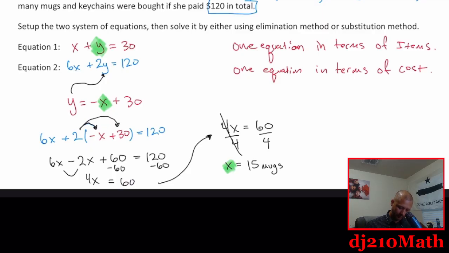Pick the easiest one. So if I say y is equal to negative 15, because it's negative x, negative 15 plus 30. 30 minus 15 is 15. So 15 keychains.